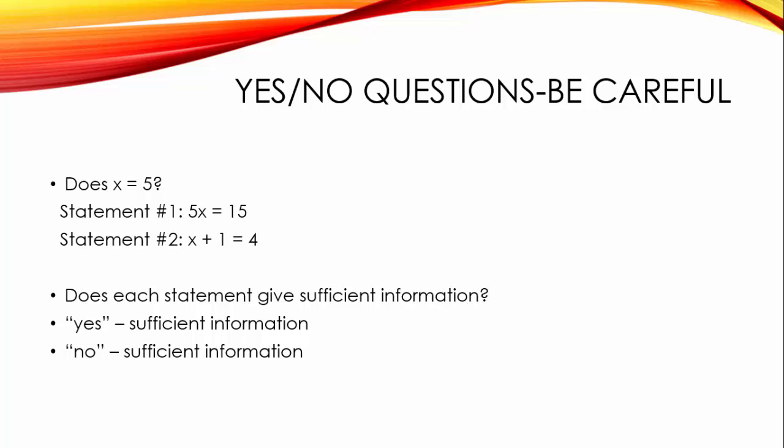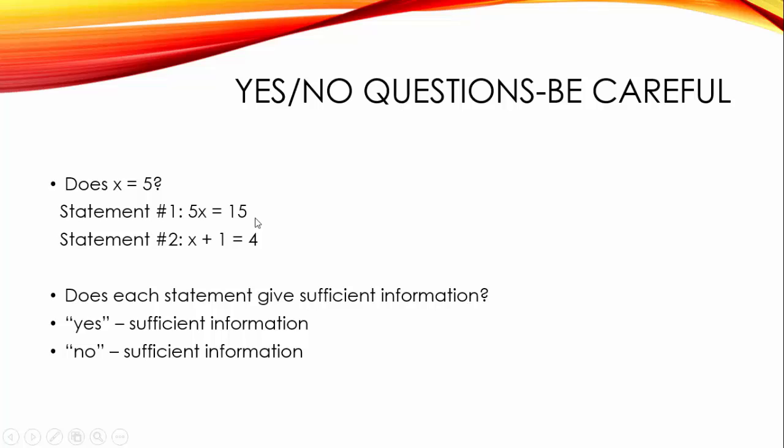Some people confuse a no answer to the prompt question with a no answer to the sufficiency question. Here, it's clear from both statements that x is equal to 3, that it in fact does not equal 5. So, the answer for both statements is a clear no. That's the answer to the prompt question.